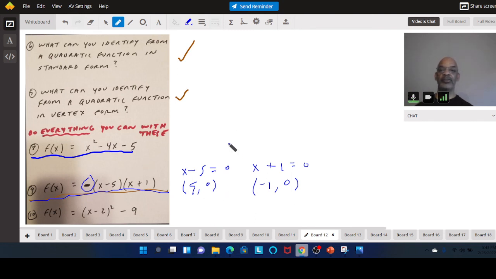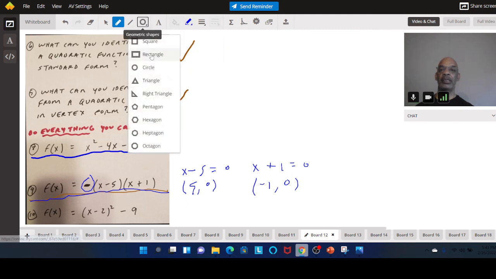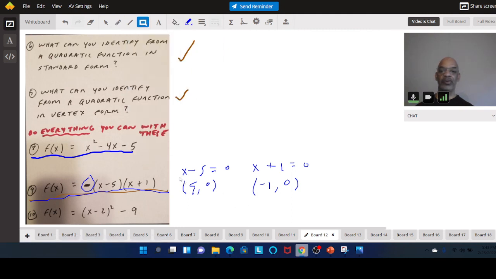Since these are intercepts, let me give you an interesting fact. The vertex will be halfway between these intercepts. So the vertex will be located at a value halfway between 5 and negative 1.